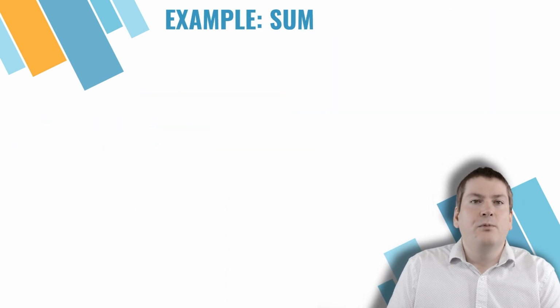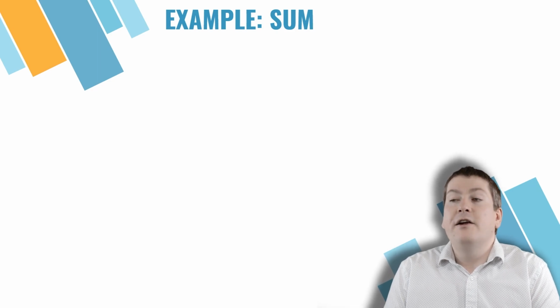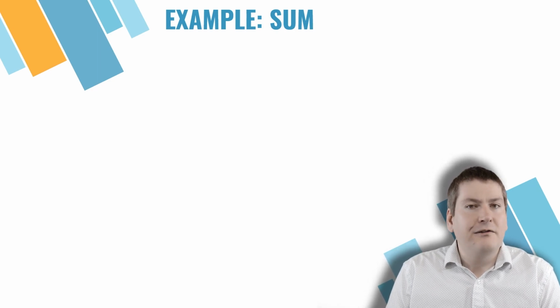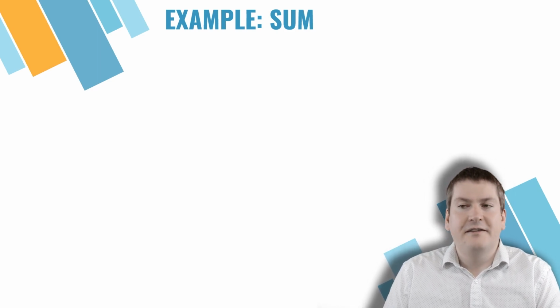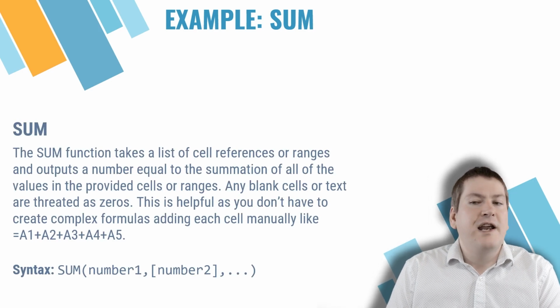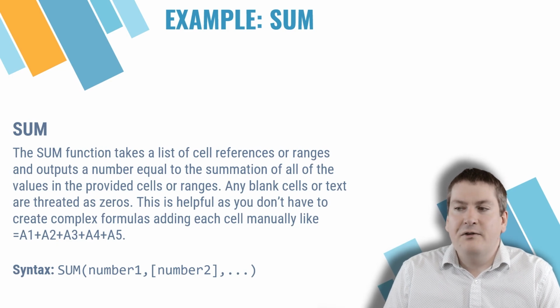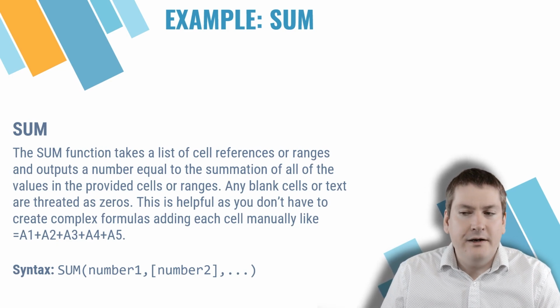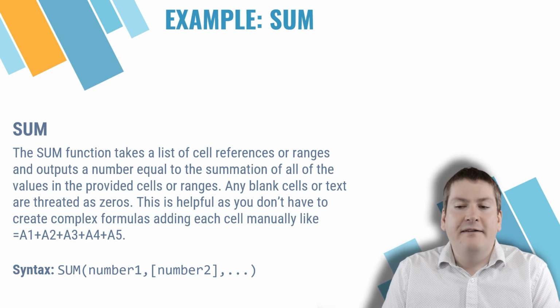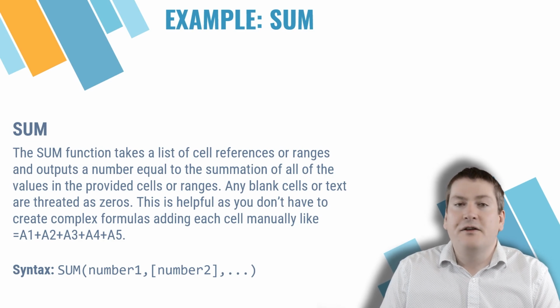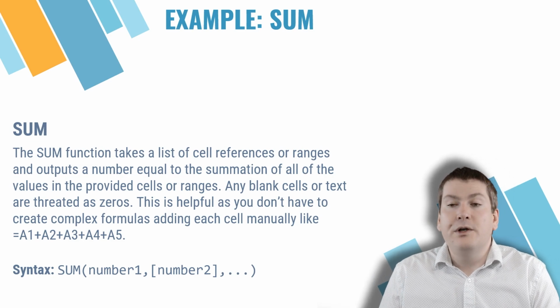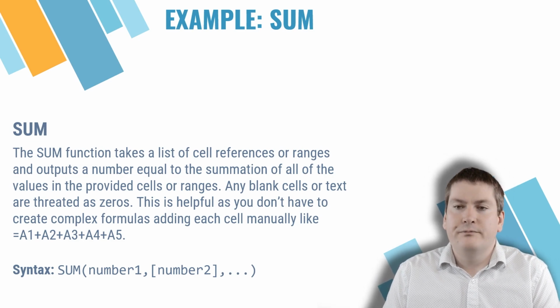Let's give you an example of what this forum post would look like. Here I'm using sum, but once again, you can't use sum because it was in that restricted list. First we'd have a description in our own words. The sum function takes a list of cell references or ranges and so on. And then we have the syntax of it there at the bottom. It's showing in the same syntax used in the documentation how you would use sum.